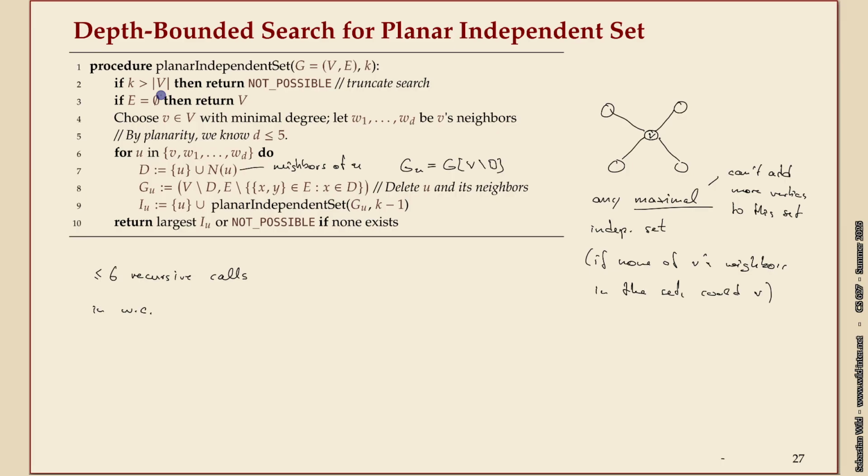How do we bound the depth? I guess there's a case missing. If k is 0, we should just return the empty set and stop. I don't see if that's somehow implicitly caught in any of the other cases.